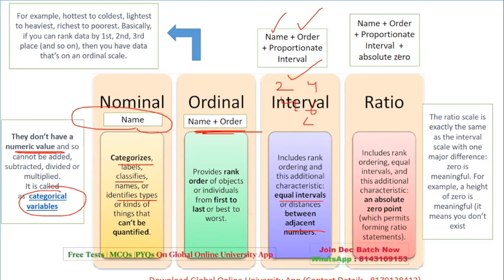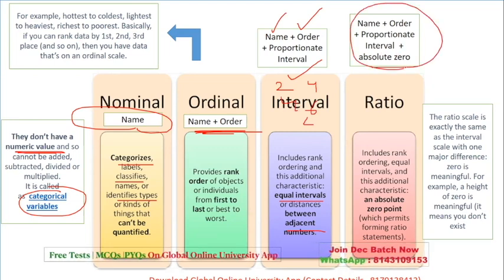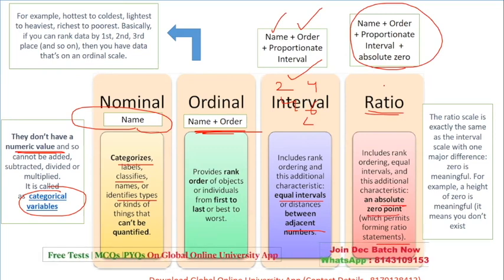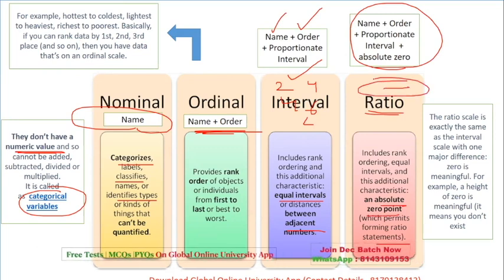Name, order, proportionate, and absolute value come in the form of ratio. Now what is the meaning of this absolute value? It permits forming ratio statements. Zero has a meaning, which does not exist in the interval scale. So this is what we had learned.